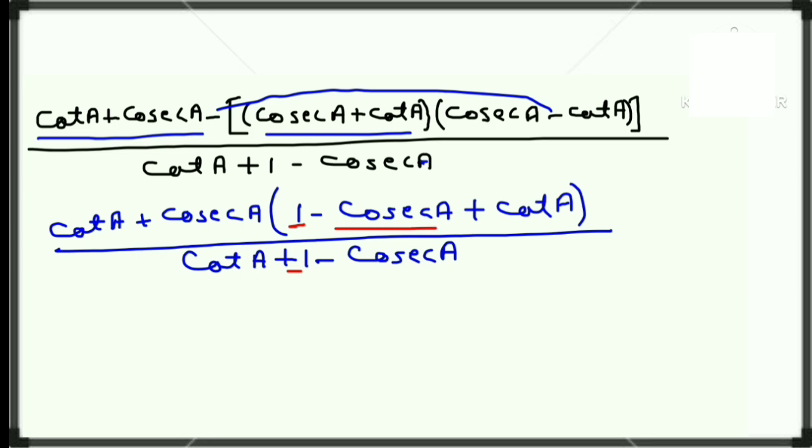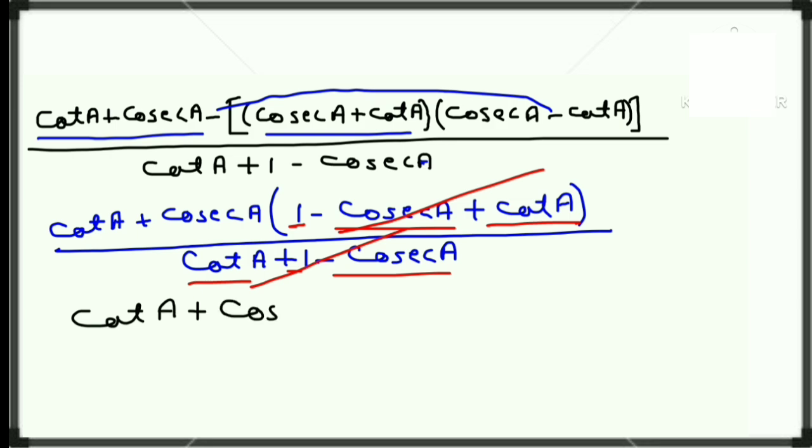Here is minus cosec A, here is also minus cosec A, and here is plus cot A, here is also plus cot A. So these terms can be cancelled out, and here remains only cot A plus cosec A. It can be rearranged, cosec A plus cot A.